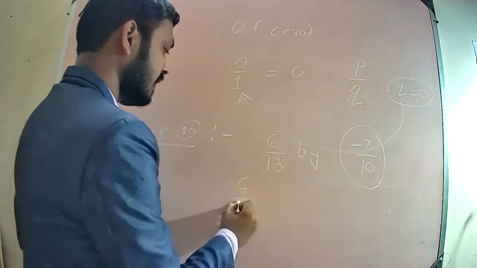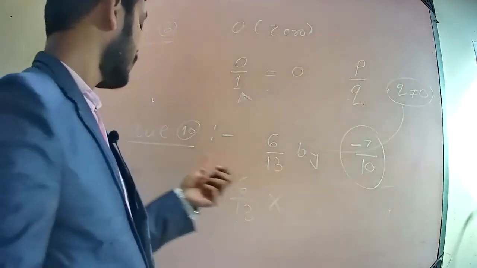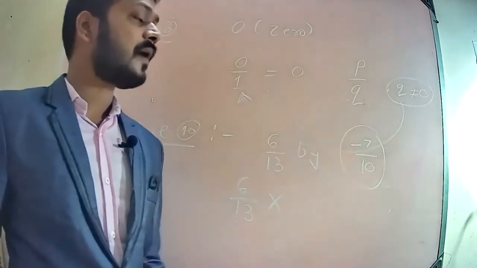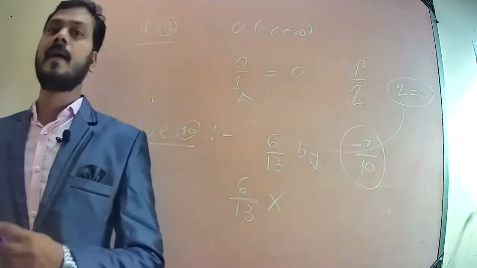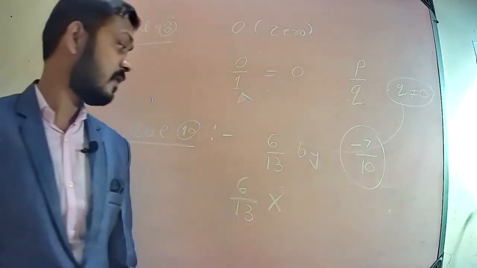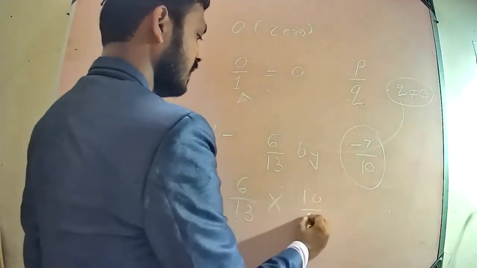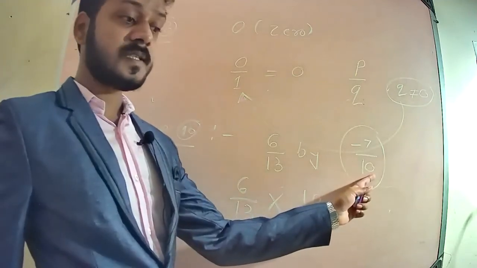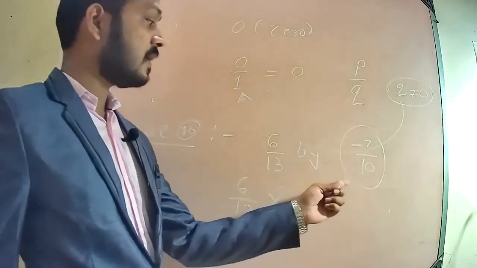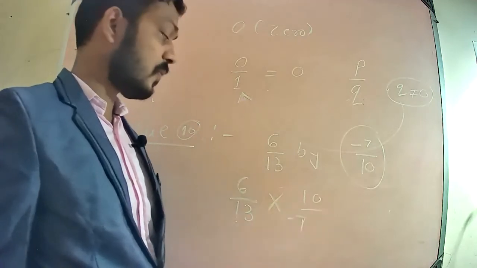6/13 into the reciprocal of minus 7/10. The reciprocal of minus 7/10 becomes 10/minus 7, that is 10 divided by minus 7. Suppose in your question it is 16, then we write 16/10, no problem.